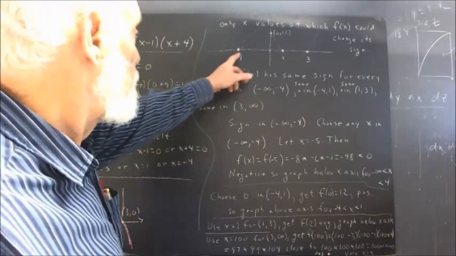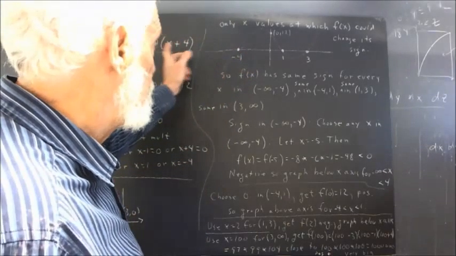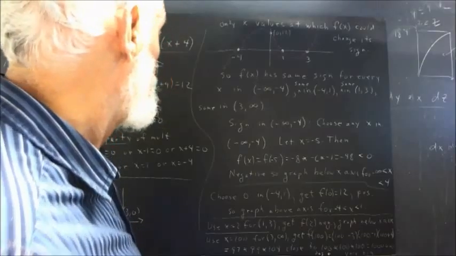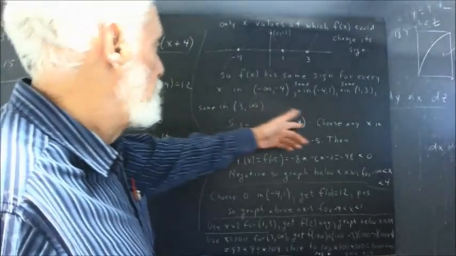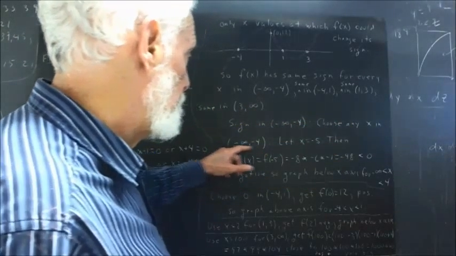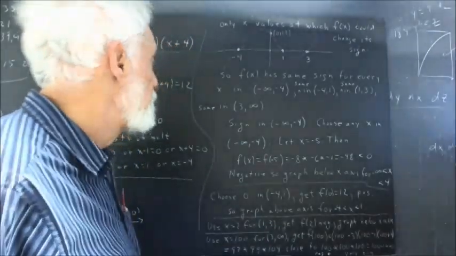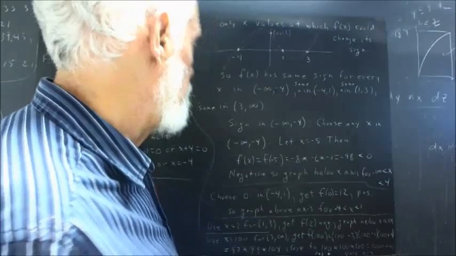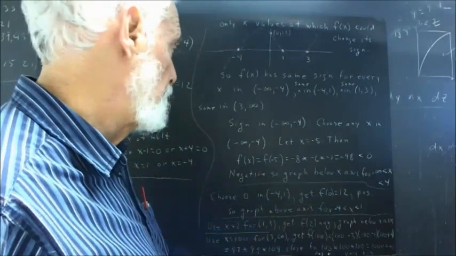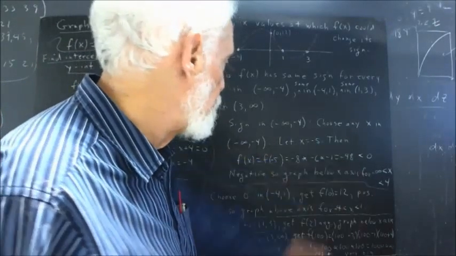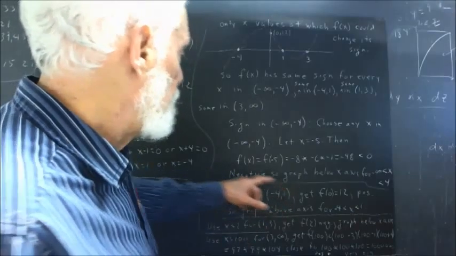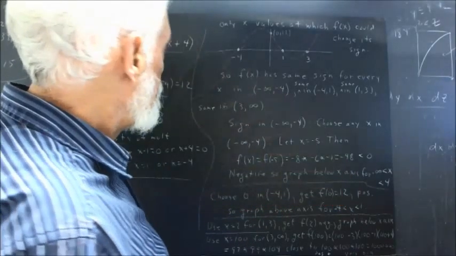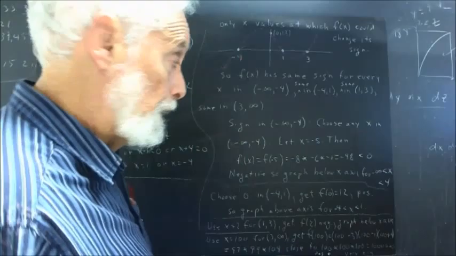So if we want to know what the sign is from negative infinity to negative 4, we just choose any x value in the interval from negative infinity to negative 4. Somebody wanted to choose x equals -5. Well, evaluating the function at -5, which you can easily do, we get -48, meaning that the graph is negative all the way from x equals -infinity to -4.